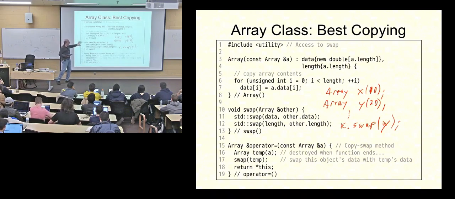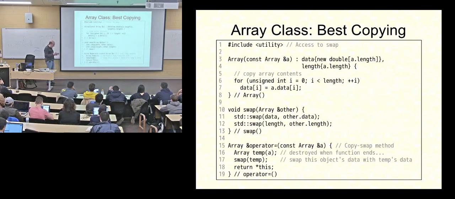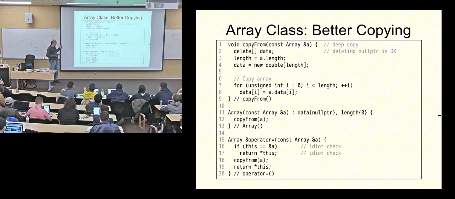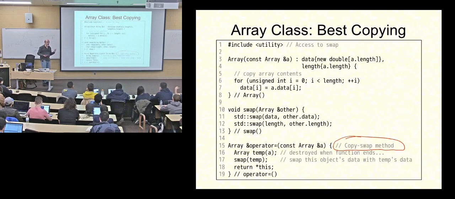It happens to do that, but the real motivation is that we're going to write our operator equals using what's called the copy swap method. First of all, operator equals returns an array object reference. That hasn't changed from our straightforward method: array ampersand operator equals. We return an array reference because you're allowed to say things like x equals y equals z, and these are associative from right to left.